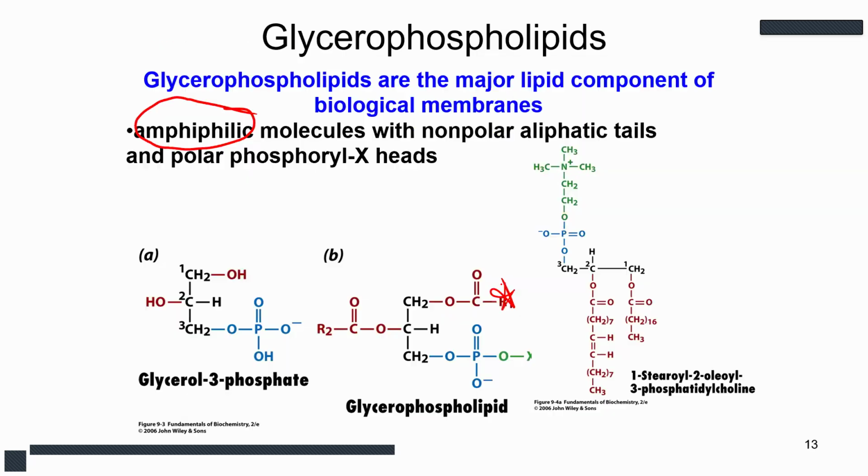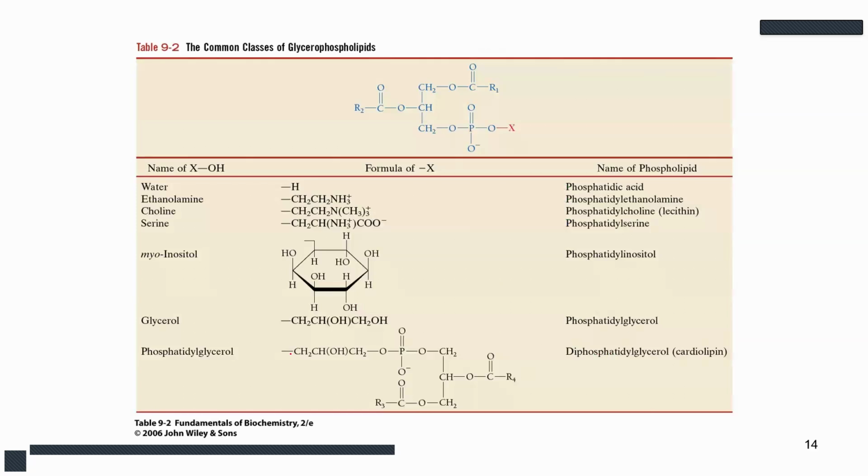Now, this X right here, I want to focus in on that. Like I said, this is the polar head group. Those polar head groups can be any one of these different molecules. So that X that I just showed you that I'm circling now on this repeated glycerophospholipid could be any one of these molecules.